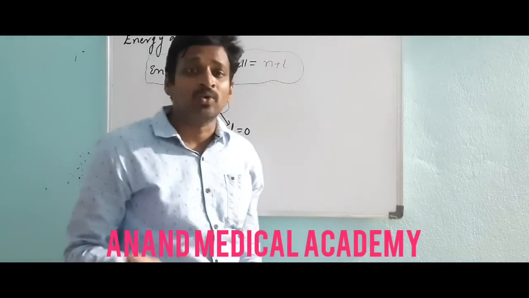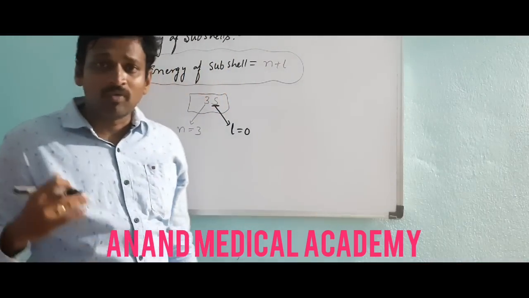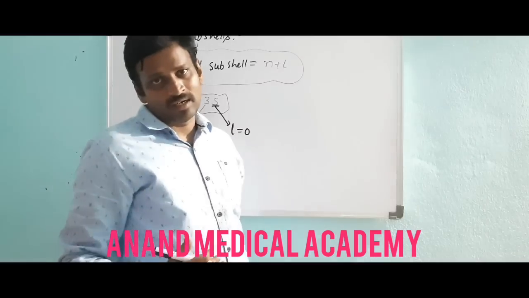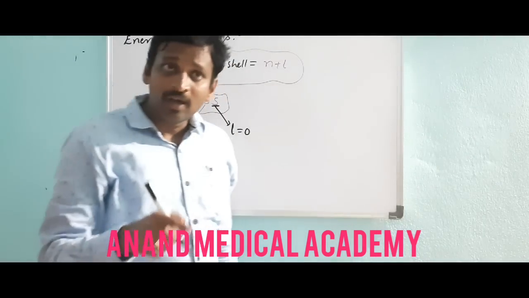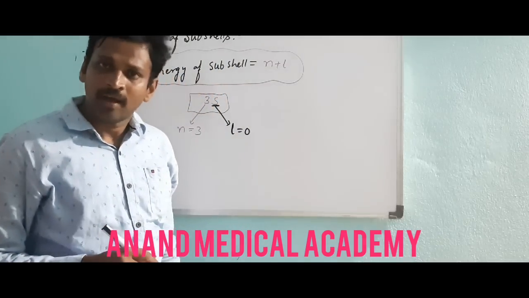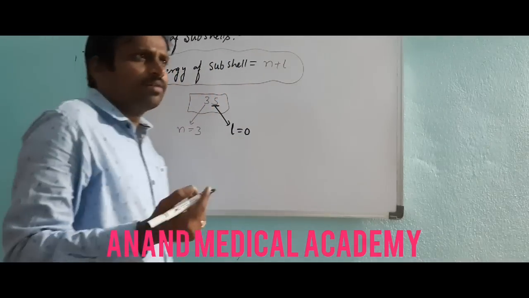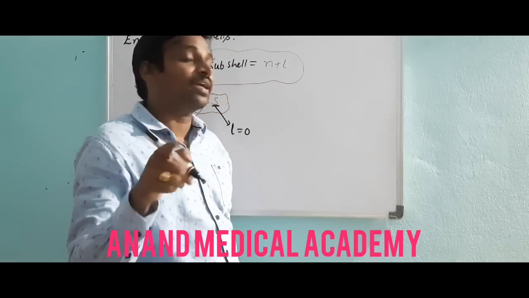Many times I told you, l is equal to 0 for the s subshell, l is equal to 1 for the p subshell. Like that you can say. For 3d, the n value is 3 and for d the l value is 2.